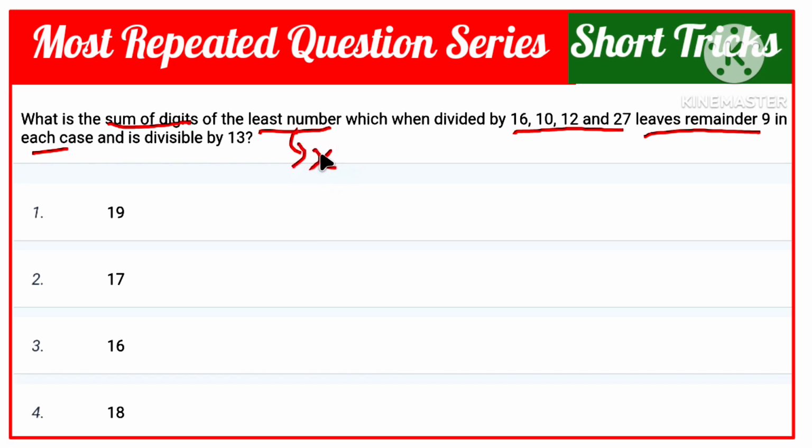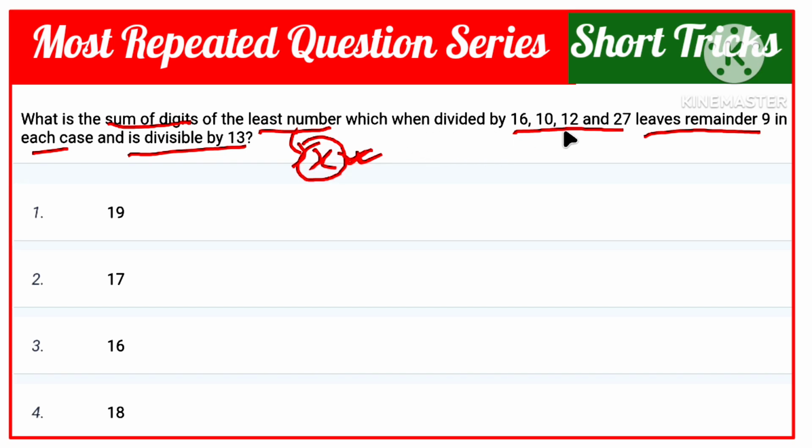If we divide x by 16, 10, 12 or 27, whatever we are dividing with, from all these four numbers, you will get 9 as the remainder in each case. You will be left with 9, and x is completely divisible by 13. So you are asked to find out the sum of the digits of x.